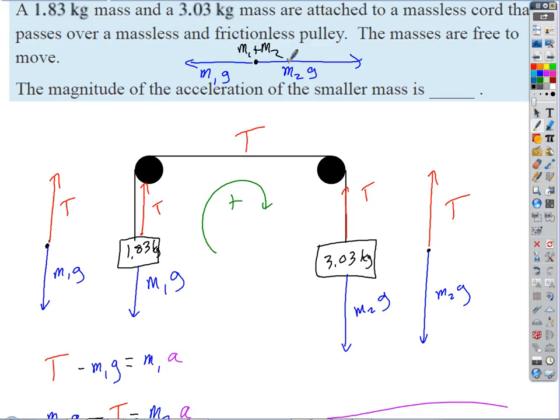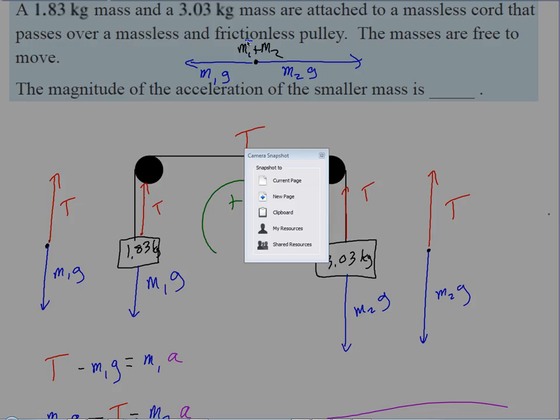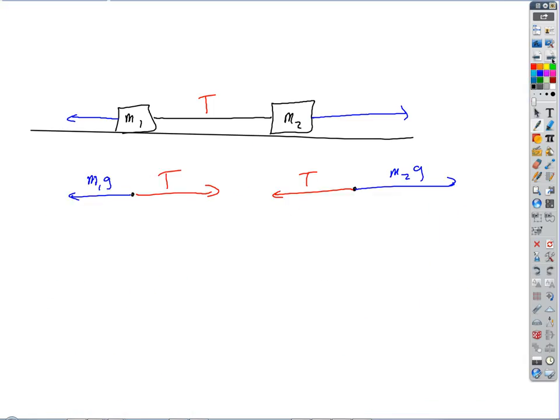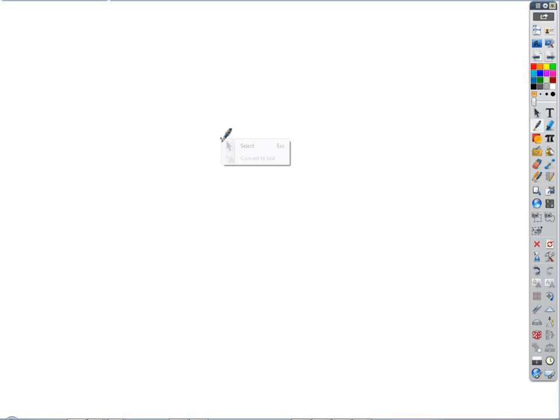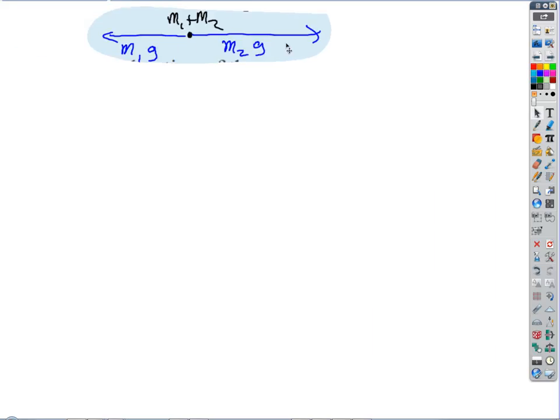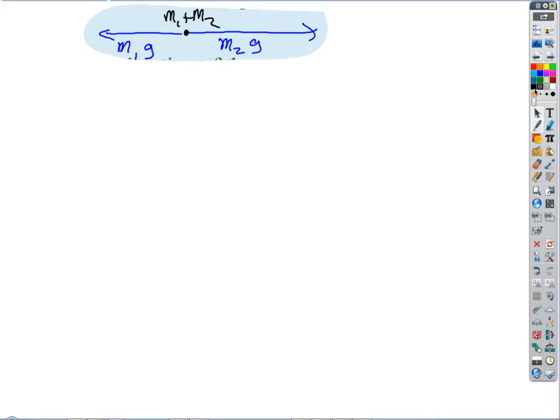What's the net force? If we turn this into an equation of motion, isn't that just net force is going to be M2G minus M1G, positive, negative, right?